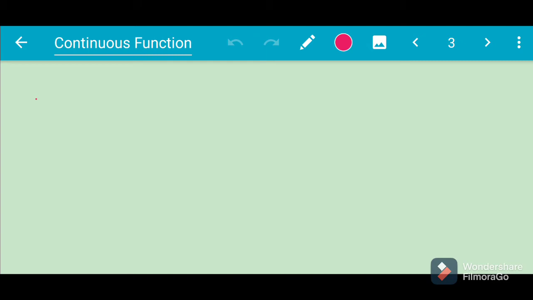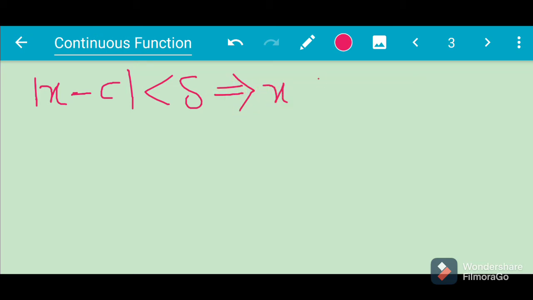To explain this, let me elaborate this part. Mod of x minus c less than delta implies that x belongs to the interval (c minus delta, c plus delta).